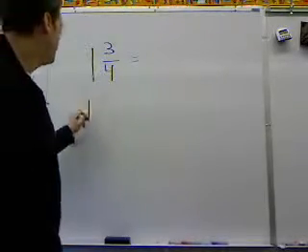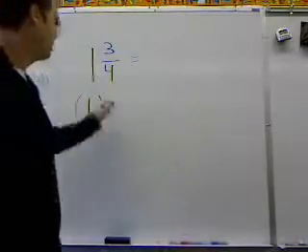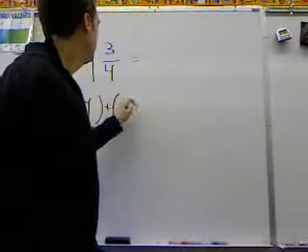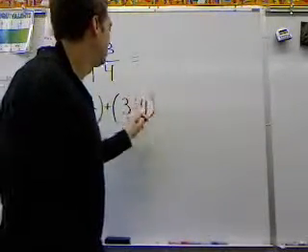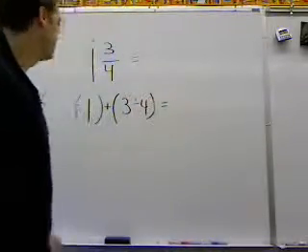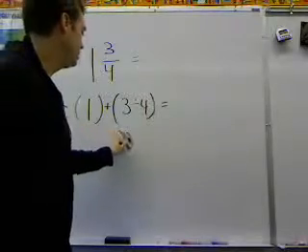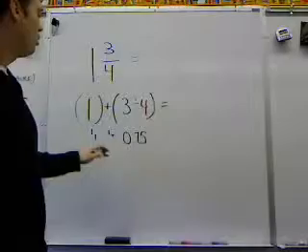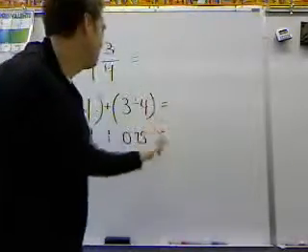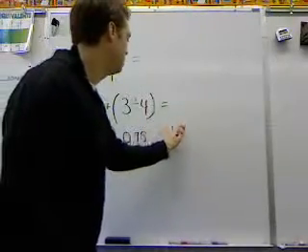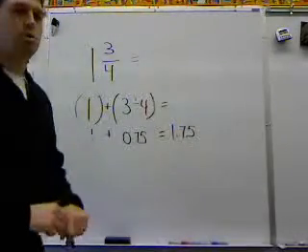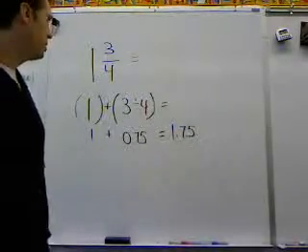So we could split it into 2 categories and say 1 over here, plus 3 divided by 4, which is 0.75. 1 plus 0.75 equals 1.75. That is a simple way to calculate this.